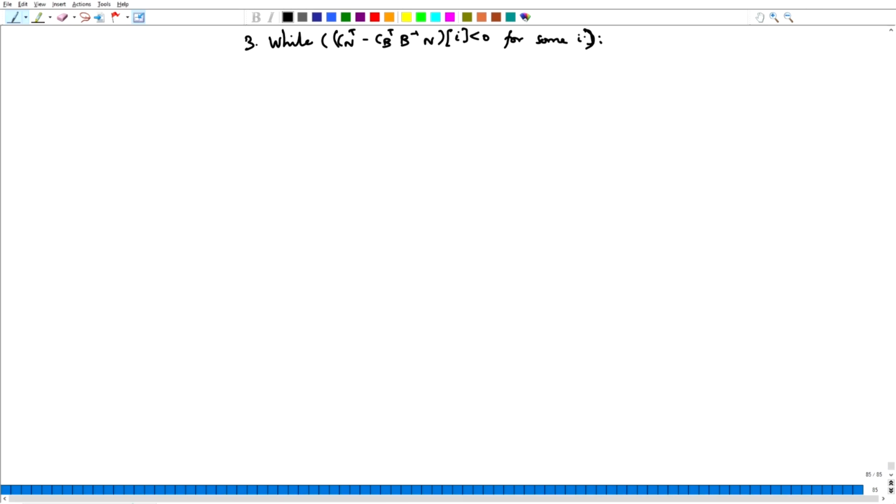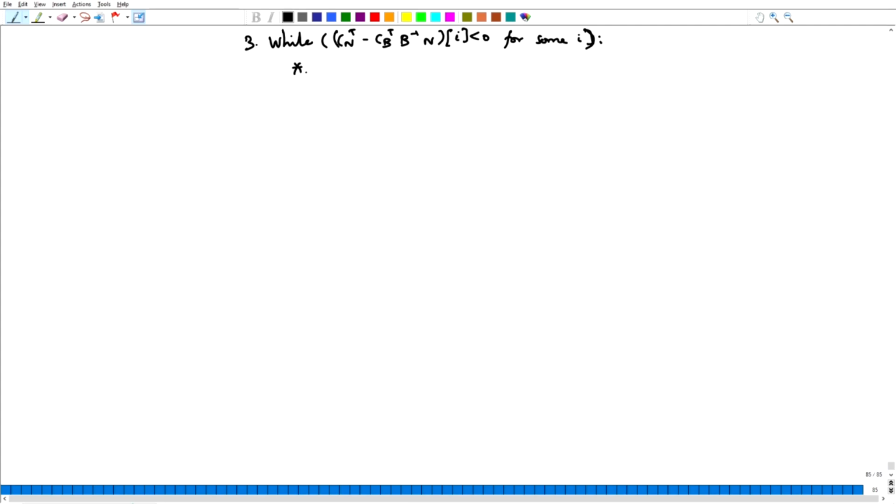That is, there exists an i for which the i-th entry of c_N transpose minus c_B transpose B inverse N is less than 0. When that happens, you are still in the loop. Otherwise, you move out of the loop. So, when this happens, you need to perform the exchange.